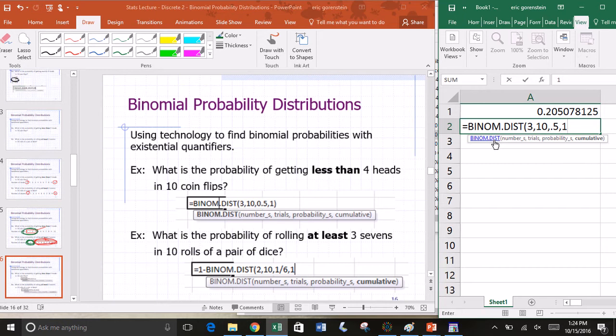So this number 1 is telling Excel to calculate all probabilities from 0 up until 3. So the probability of less than 4 heads, or the probability of 0, 1, 2, or 3 heads, would be about 17%.